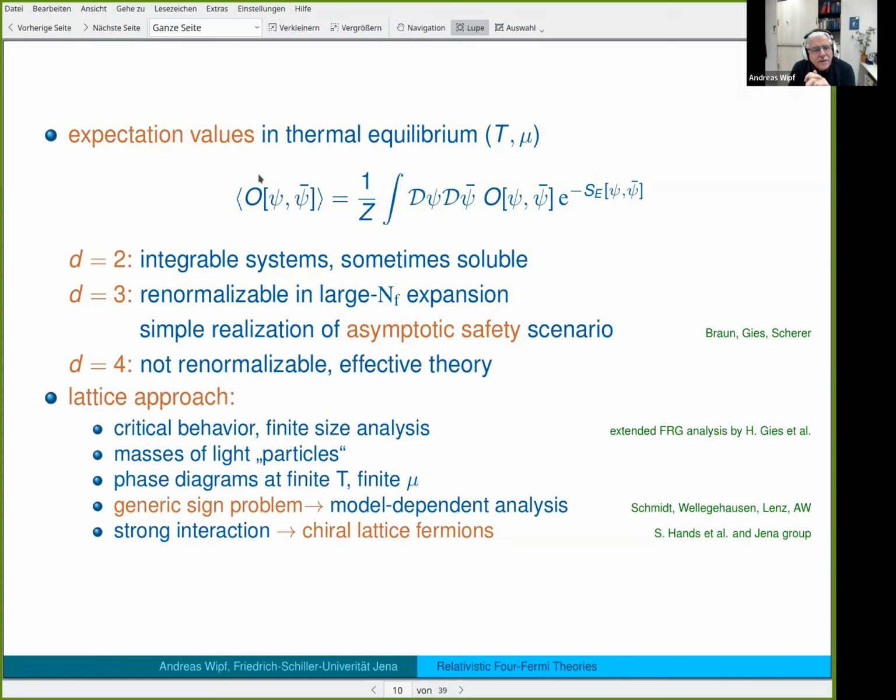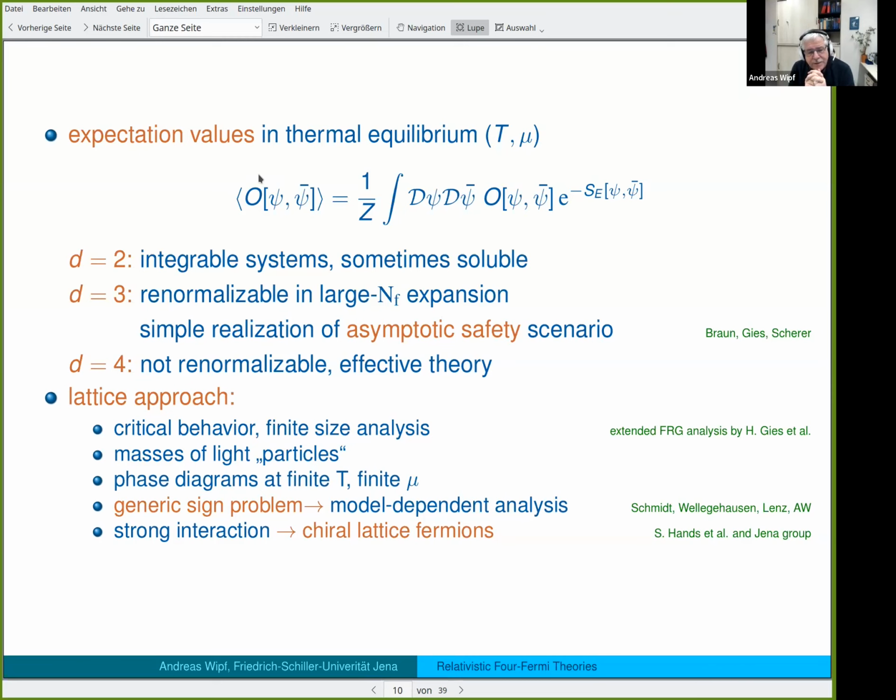Later on, we will study such models in the lattice approach, and there have been earlier papers where people studied the masses of the light particles, phase diagrams, the sign problem, and so on. What may be interesting in hindsight of strong interaction theories, for example, gauge theories in the conformal window, is that it's very important which type of fermions you use, also for these Four-Fermi theories.